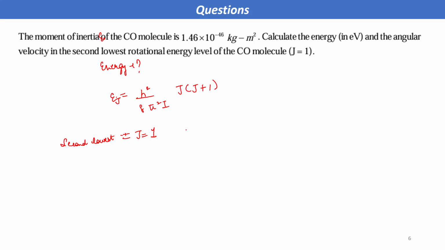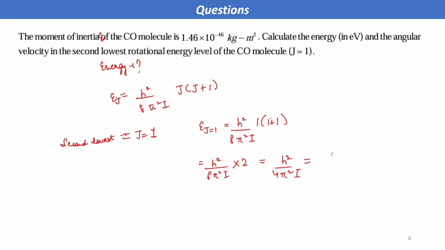Second lowest means J equals to 1. So for E, J equals to 1, it will be h square upon 8 pi square I into 1 into 1 plus 1. So it will be h square upon 8 pi square I into 2, so it will be h square upon 4 pi square I.